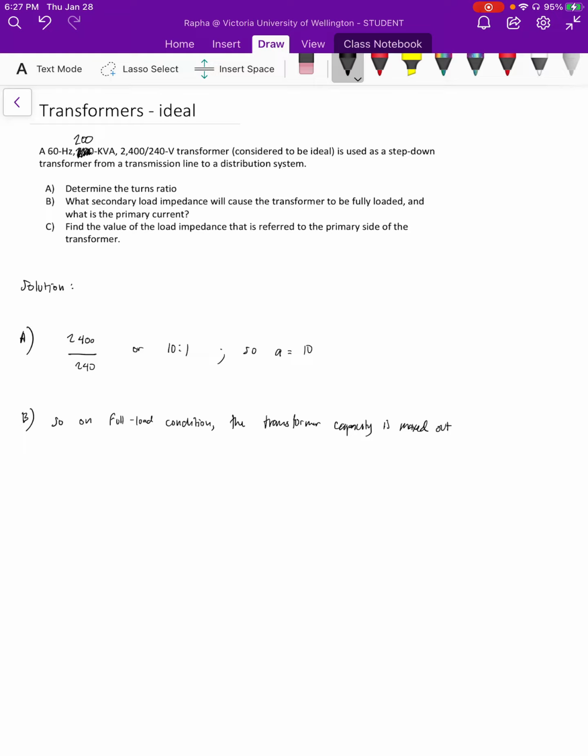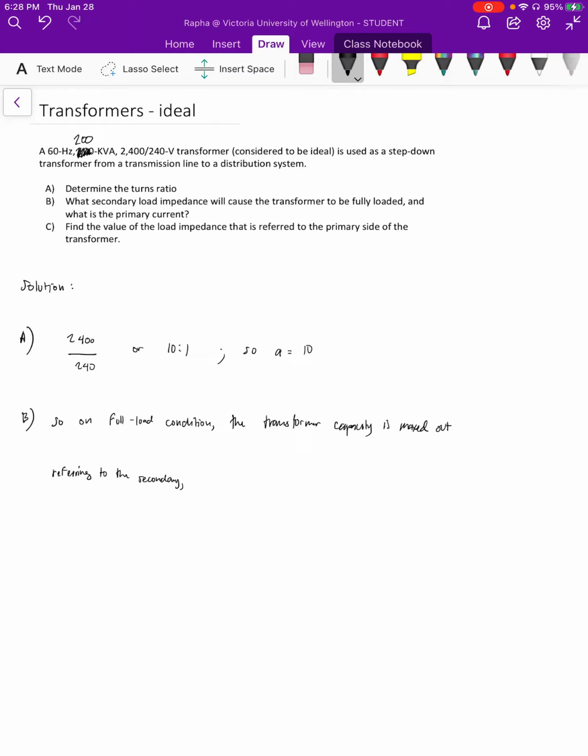So, kaning 200 kVA karon, gina-assume nga na max out na siya nga capacity. So, referring to the secondary, kaning kVA is basically murag power man na siya. So, power is equal to voltage times current.